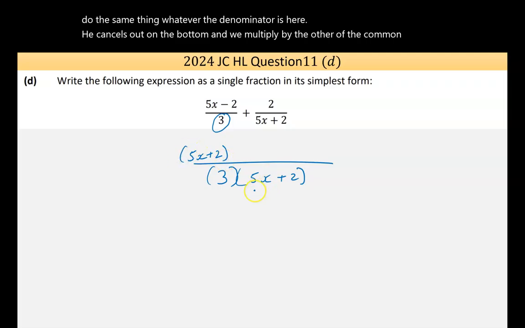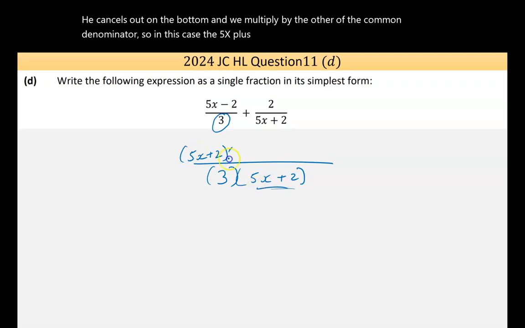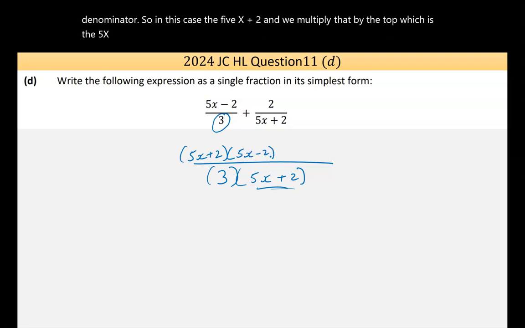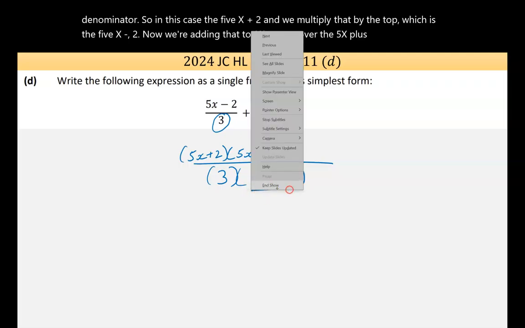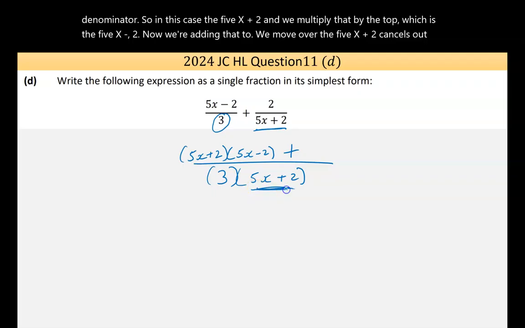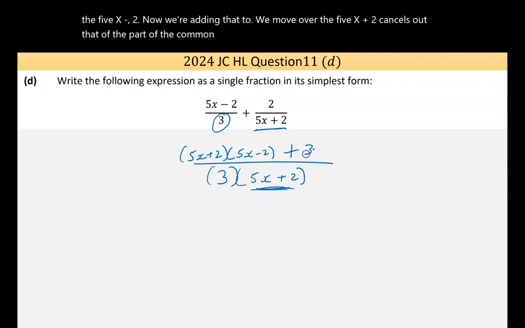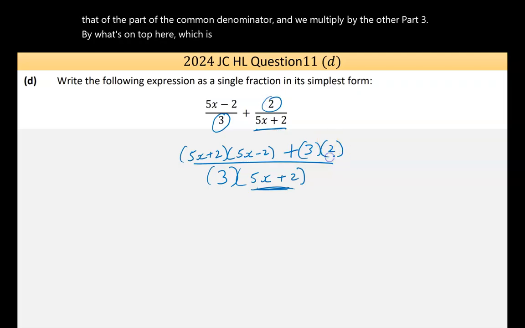So in this case, the 5x plus 2, and we multiply that by the top, which is the 5x minus 2. Now we're adding that to, we move over, the 5x plus 2 cancels out that part of the common denominator, and we multiply by the other part, 3, by what's on top here, which is 2.